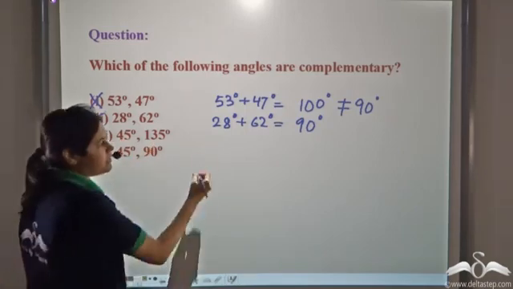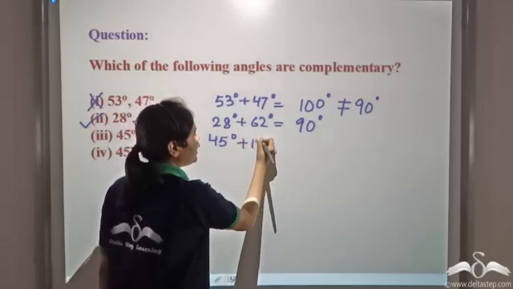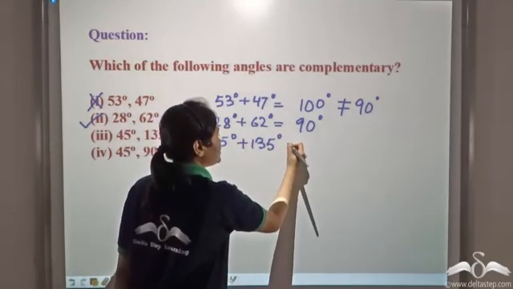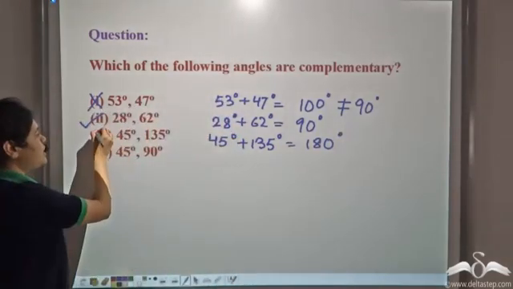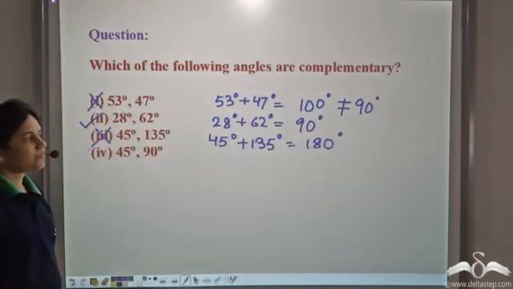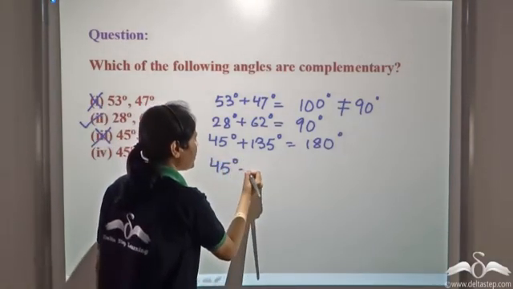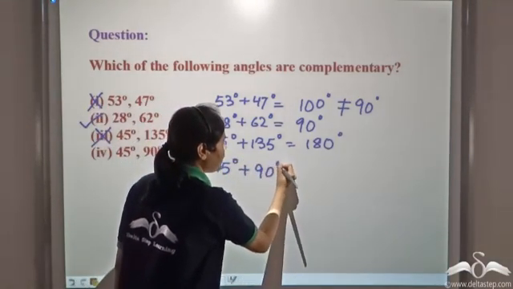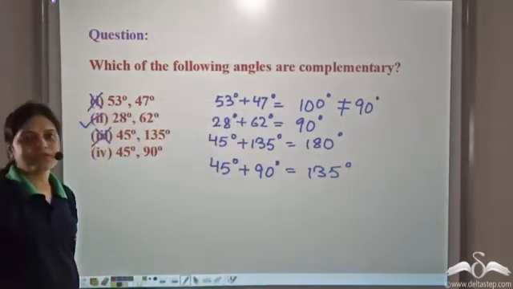45 and 135. 45 degrees plus 135 degrees is equal to 180 degrees. So these are not complementary. 45 and 90. 45 degrees plus 90 degrees is equal to 135 degrees.